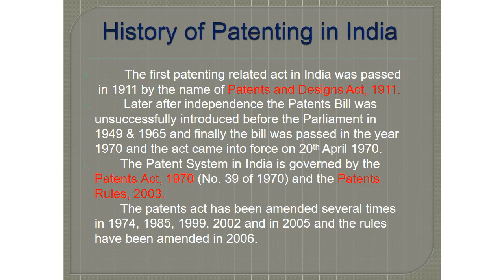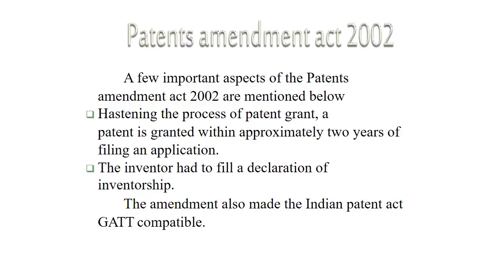So the patent system is governed by the Patents Act of 1970, number 39, and the Patent Rules 2003. The Patents Act has been amended several times in 1974, 1985, 1999, 2002 and 2005, and the rules have been amended in 2006.